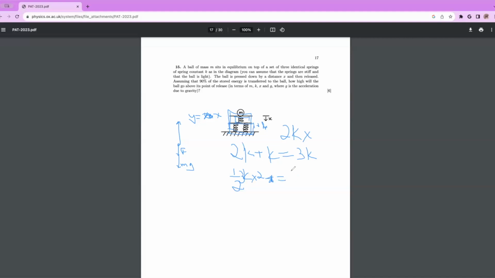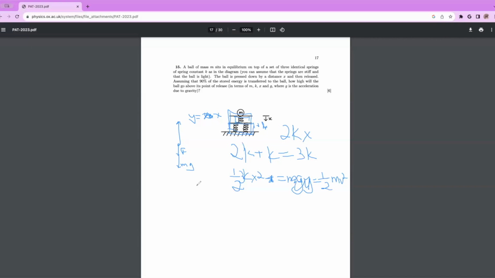And that's going to be equal to, what are we trying to find? How high will the ball go? Which means, suppose, mg y, which is going to be the gravitational energy, right? Actually, first we can consider the kinetic energy, 1/2 mv squared.